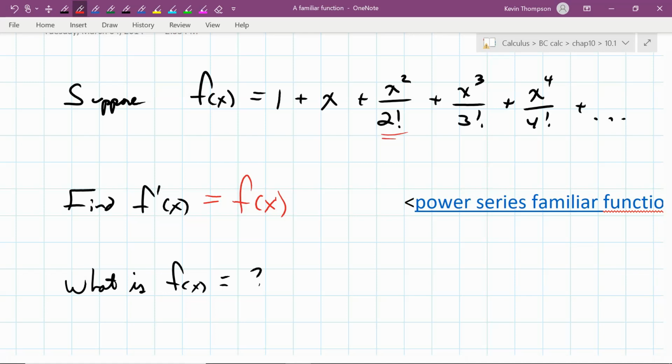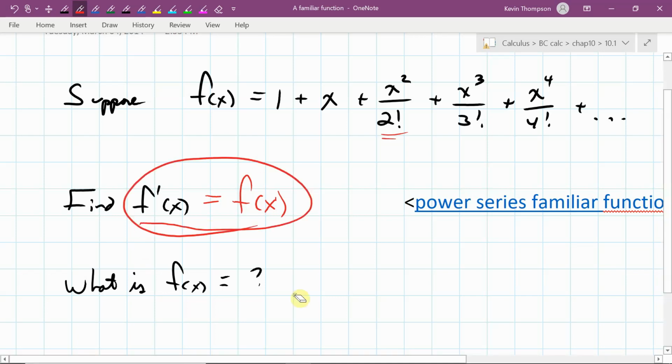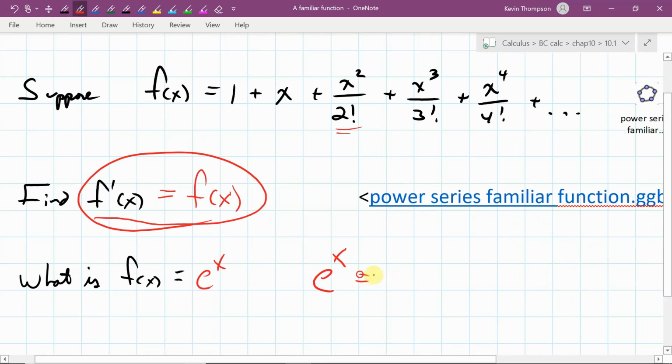Oh, wait. That means something. That's super special. We've only seen one function that ends up being its own derivative. E to the x. So e to the x must be 1 plus x plus x squared over 2 factorial plus x cubed over 3 factorial plus x to the 4th over 4 factorial, dot, dot, dot, forever and ever and ever.